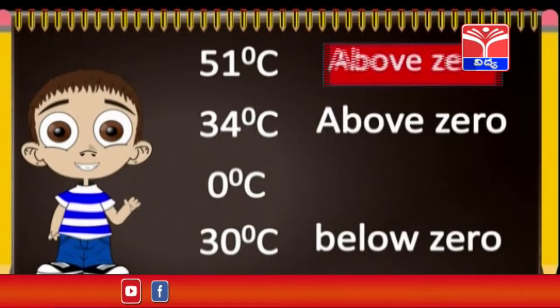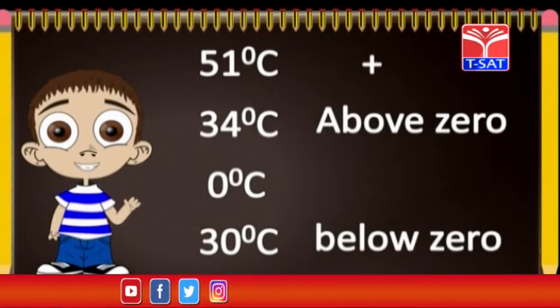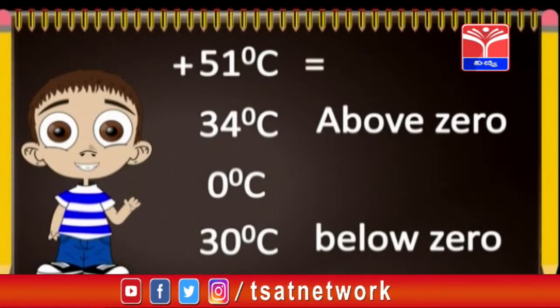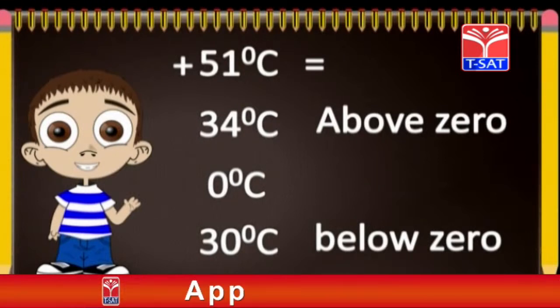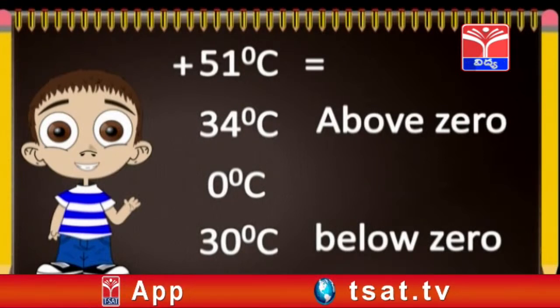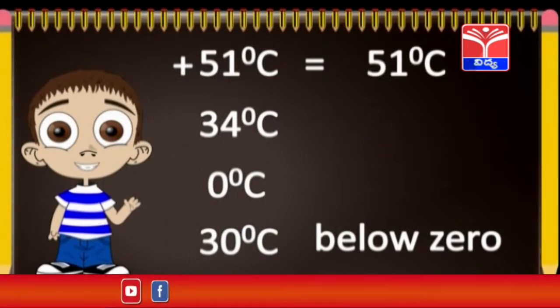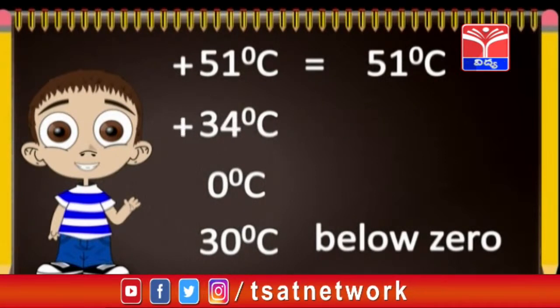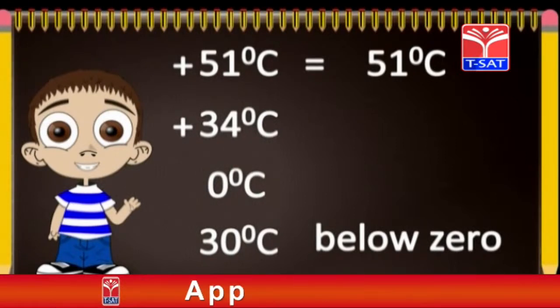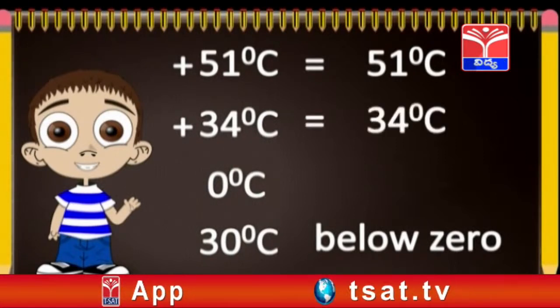The word above zero can be replaced by the positive symbol, and we usually keep the positive symbol in front of the number, and this will be plus 51 degrees centigrade, briefly 51 degrees centigrade. And then next, this above zero is also replaced by the positive symbol, kept in front of the number 34 degrees, thus it is plus 34 degrees, briefly 34 degrees centigrade.